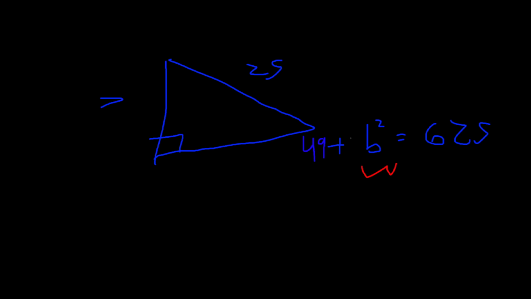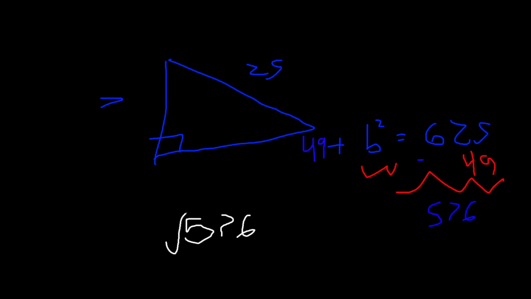So instead of adding these, now we're going to take 625 and subtract 49. Now this is going to give us 576. And now all we have to do is take the square root of 576, and that is going to be 24. That means that b is equal to 24.